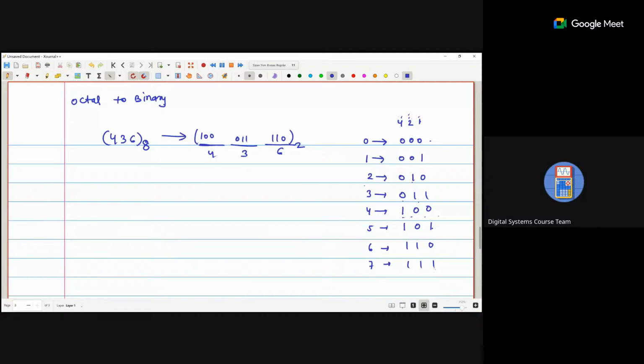Now the thing is binary to octal. In the case of binary to octal, what do we do? We make groups of 3. But remember, starting with the LSB.